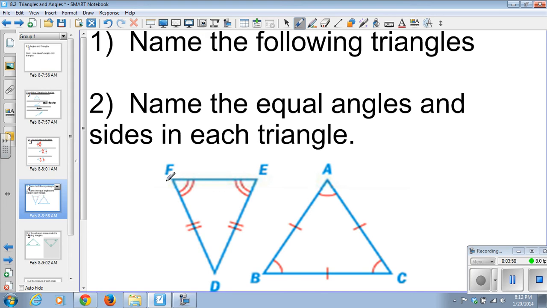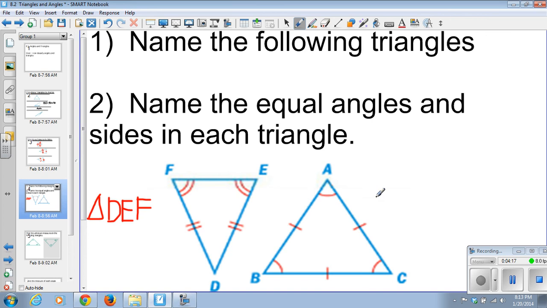We'll start with the triangle on the left, and we're going to name it by its vertices. Though the order is not important here, I'm going to stay alphabetical and call it triangle DEF. You could have said FED, EFD, EDF, DFE, it doesn't matter, as long as you name all three vertices.